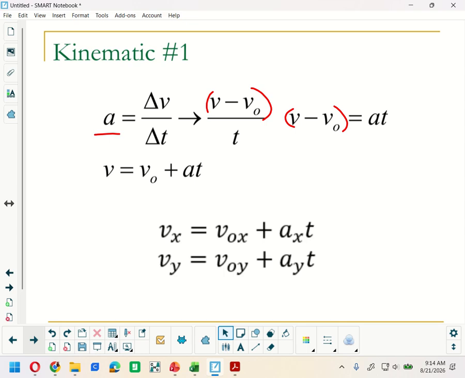Now, from this right here, algebraically, I could make it into that using just algebra. What would I do to my v sub naught to actually get it away from the left side of my equation? How do I undo this minus v sub naught?